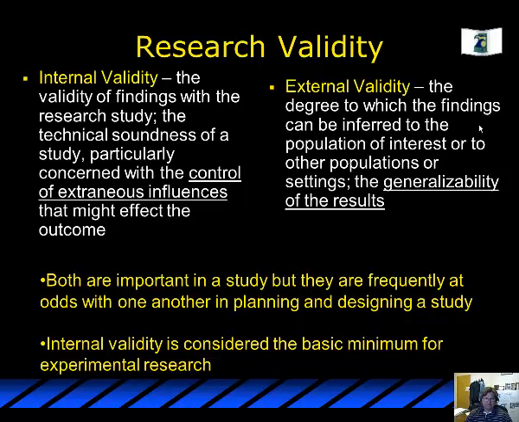For example, if we pull people into a highly controlled lab setting where we control all of the extraneous variables except for the independent variable that we're manipulating, then it's hard for us to generalize those results to real-world situations.